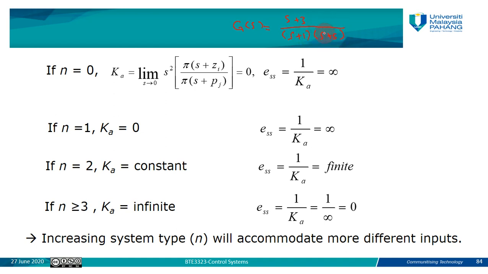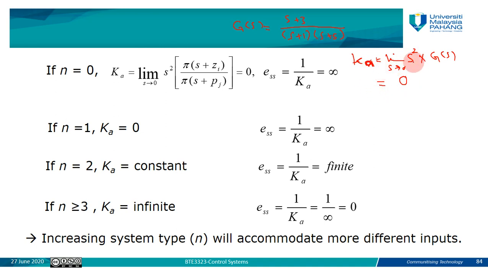This is system type 0. If you want to find the value of ka, the acceleration constant, ka is equal to limit s goes to 0 of s square times gs. Correct? Whatever the value of gs is, since you have s square here, for sure the answer will become 0.